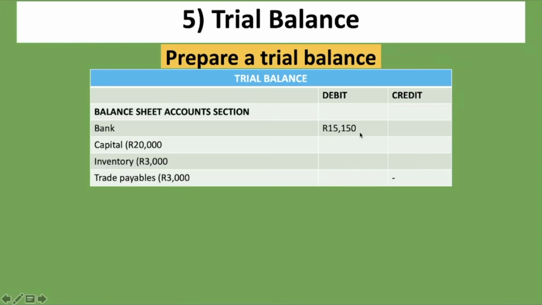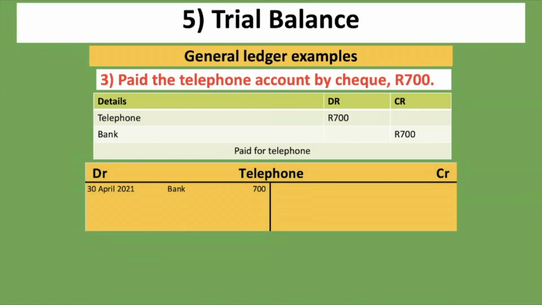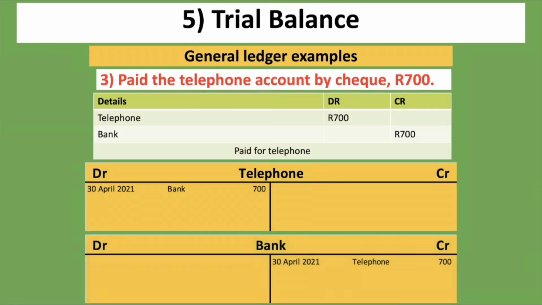Then the next one we have here is the telephone account. So we have telephone here and we have the bank account. Remember, bank, we're not going to focus on it because we did balance it off and we've already put our amount. So the only one we have here is telephone. But what is telephone? As we saw in our previous lessons, telephone is an expense, and an expense goes under the nominal accounts section.